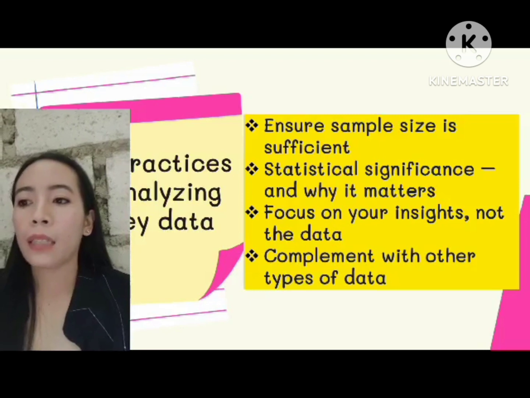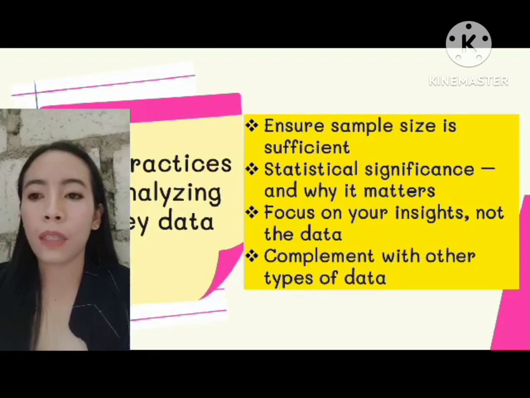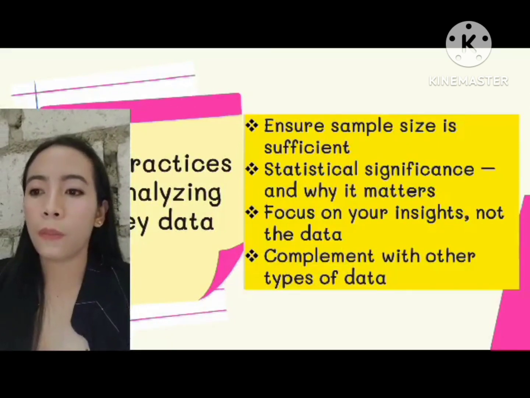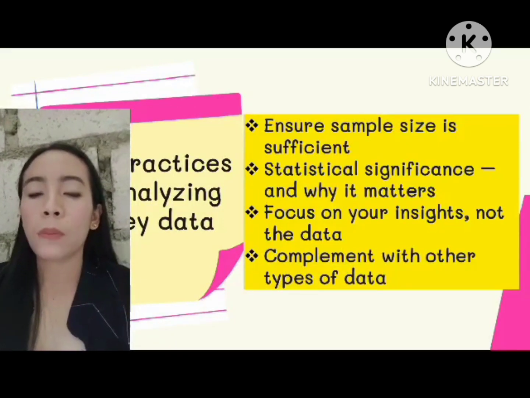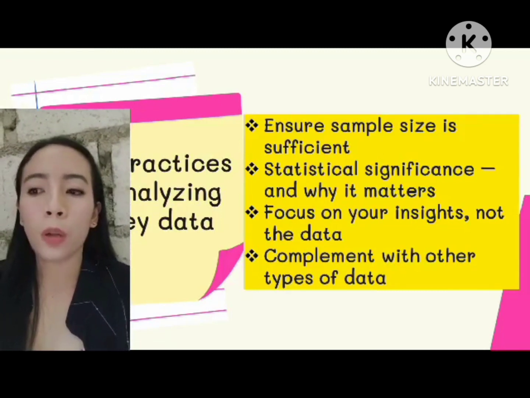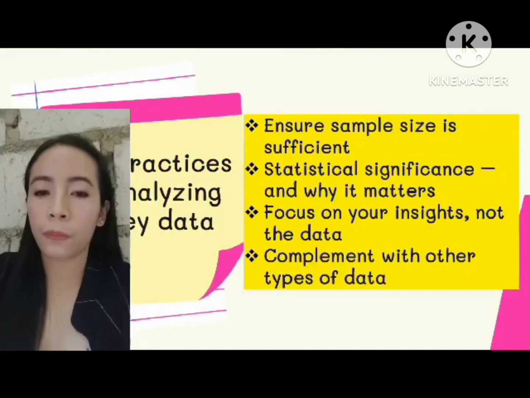If your data has statistical significance, it means that to a large extent the survey results are meaningful. It also shows that your respondents look like the total population of people about whom you want to draw conclusions.